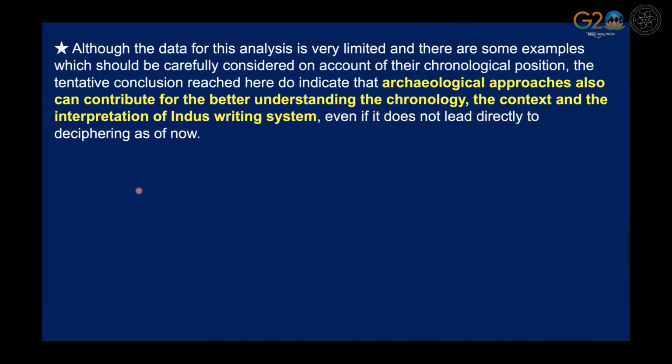Also, the data for this analysis is very limited, and there are some examples which should be carefully considered on account of their chronological position. The tentative conclusion reached here indicates that the archaeological approach can also contribute to a better understanding of the chronology, the context, and the interpretation of the Indus writing system.